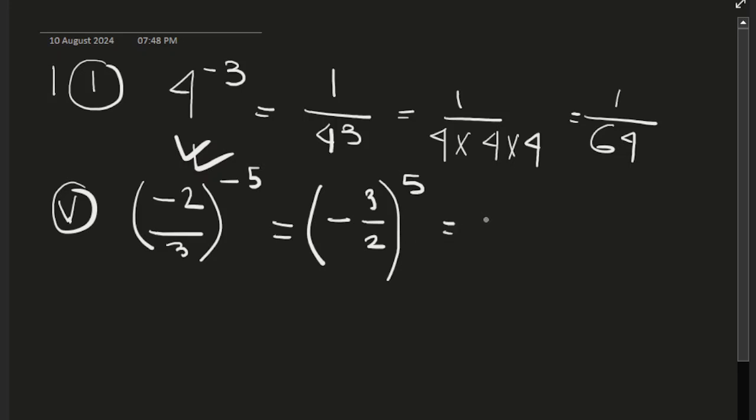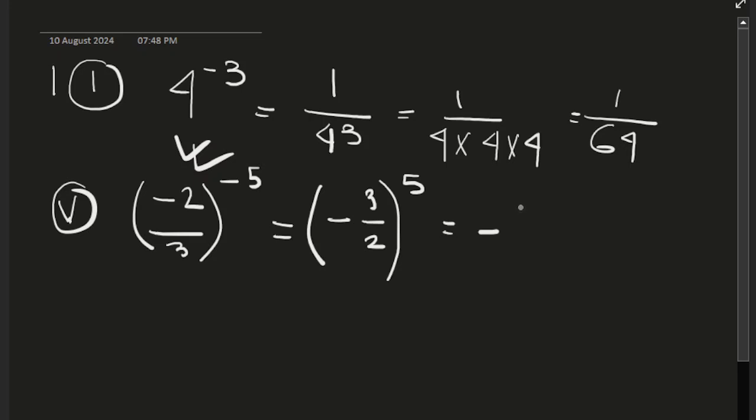Now, when we are doing an odd power of minus, the answer will become minus. An odd power of a negative number will become negative, and an even power of a negative number is positive. So as here an odd power is there, the answer will become negative. And 3 to the power 5 by 2 to the power 5 will be there. 3 to the power 5 means 3 multiplied 5 times.